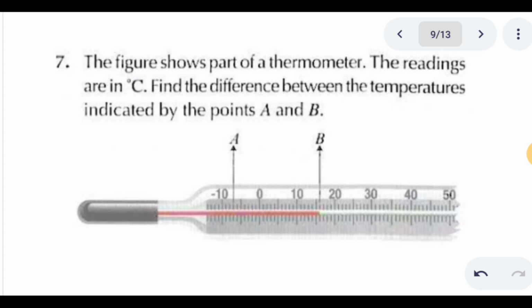In question number 7, we have the figure that shows part of a thermometer. The readings are in degrees Celsius.